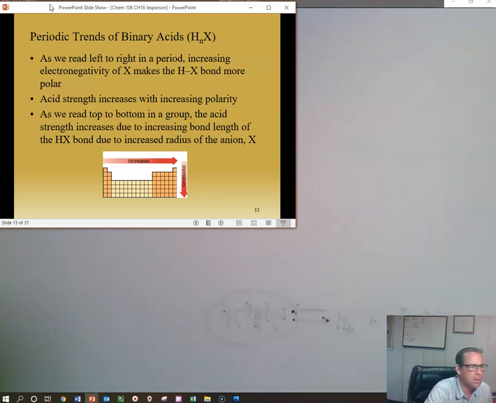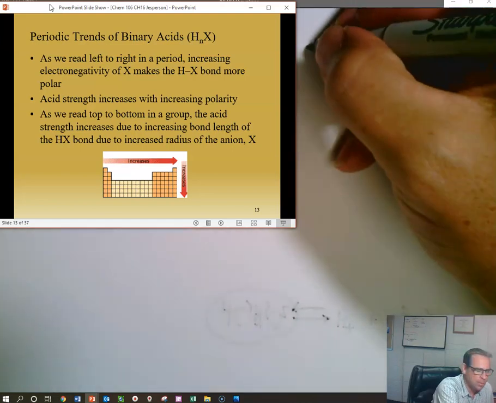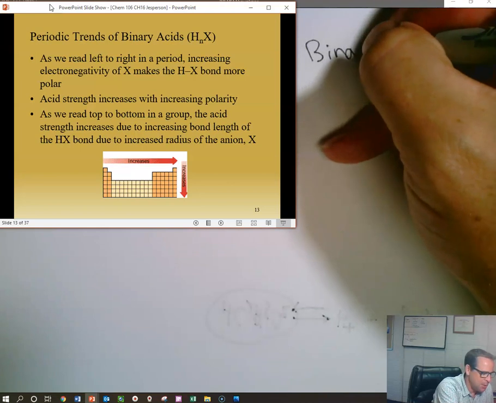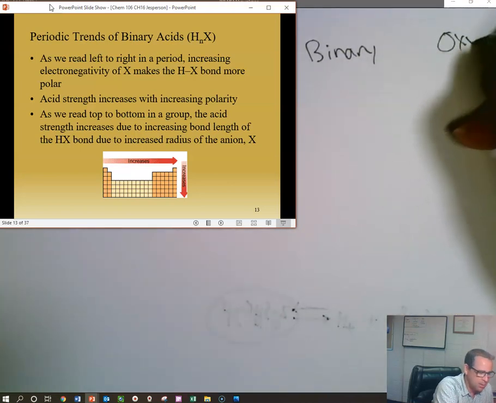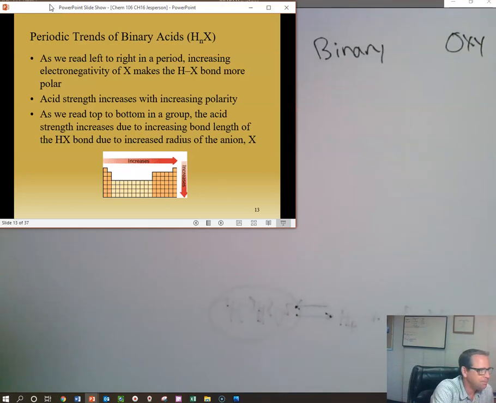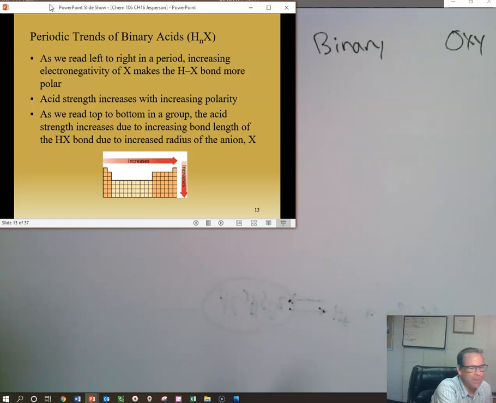Binary, and then what's the other kind? I have no idea. Okay. There's binary acids, and then we have oxy acids. Does that ring a bell at all? Nope. Okay. All right.